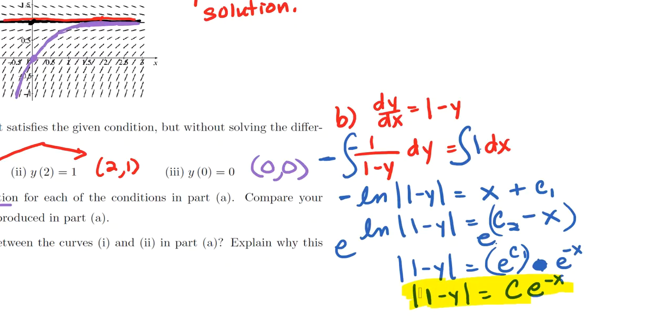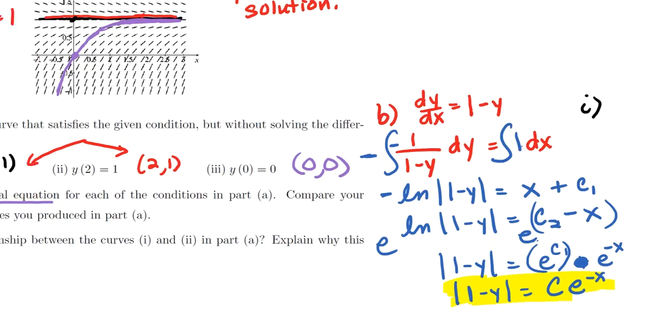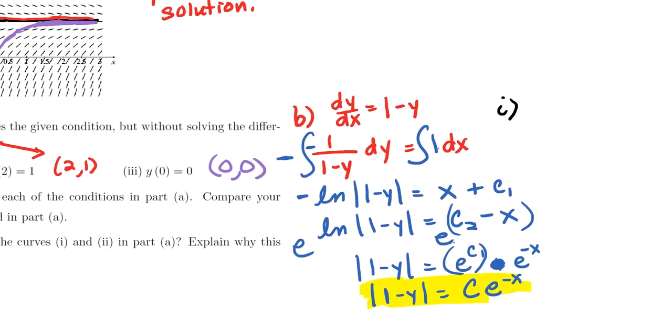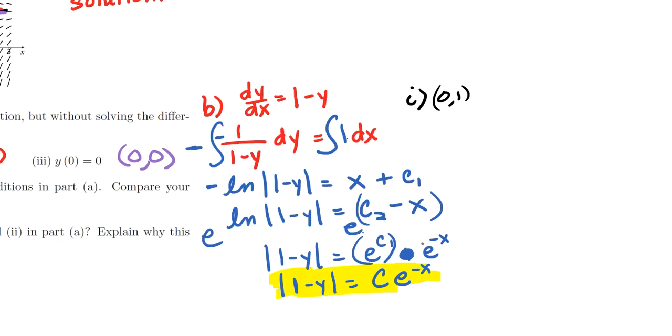And now we want to do 3 particular solutions. So in part 1, the solution point was 0, 1. So let's find out what happens if we put 0, 1 into this function.